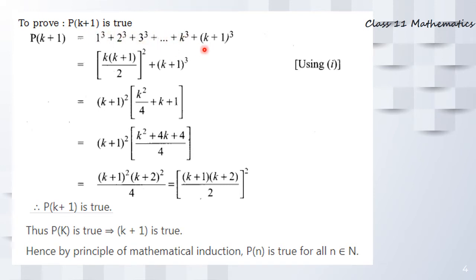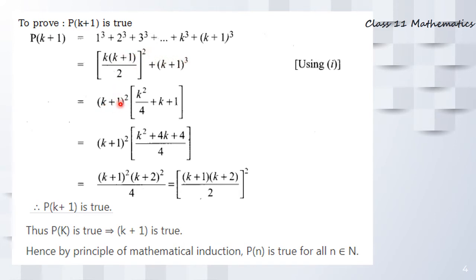The first term, second term, third term, up to the kth term addition value, already from the assumption, is k into k plus 1 by 2, the whole square. Then the last term is similar: k plus 1 the whole square is there, remaining k plus 1. Here it is also k plus 1 the whole square.